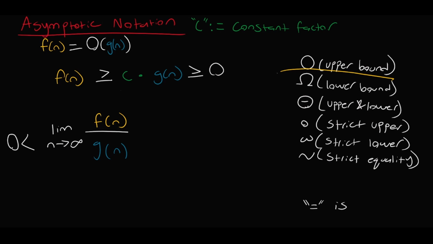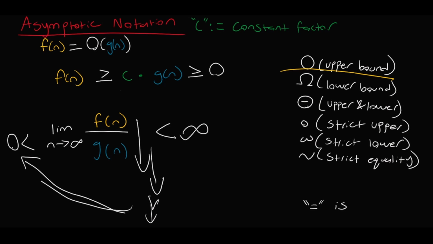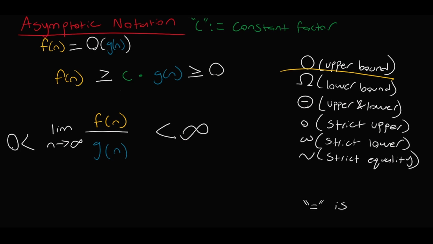Recall that in big O, we were less than infinity because we kept getting smaller and smaller. You could argue that we're getting closer to 0. But now that f is dominating, we're going to keep growing and growing, kind of growing to infinity, f of n. So to say that we're bigger than 0, we won't ever reach 0. We're just going to keep going and going and going. That is omega.